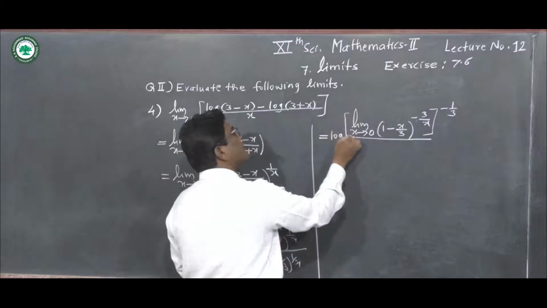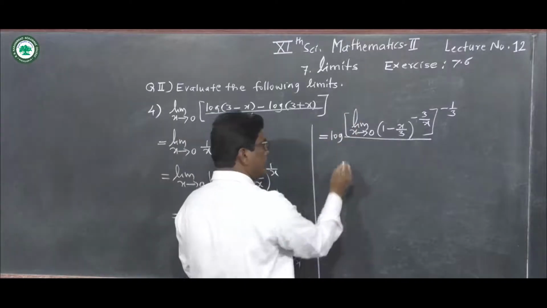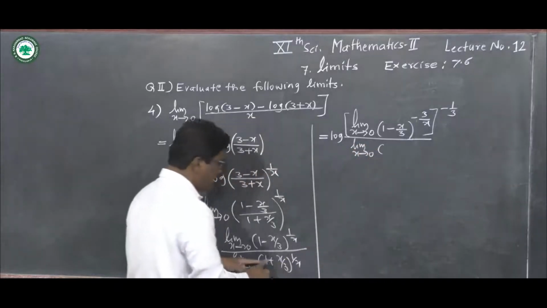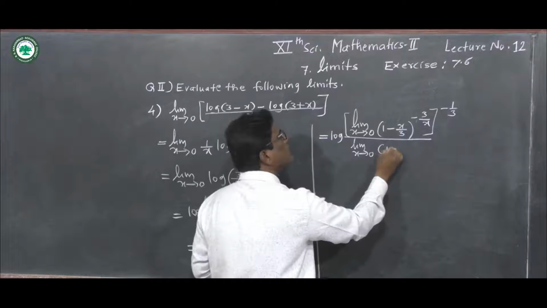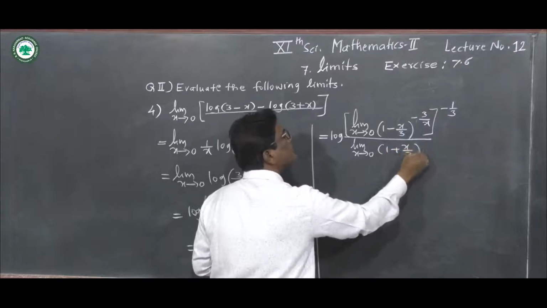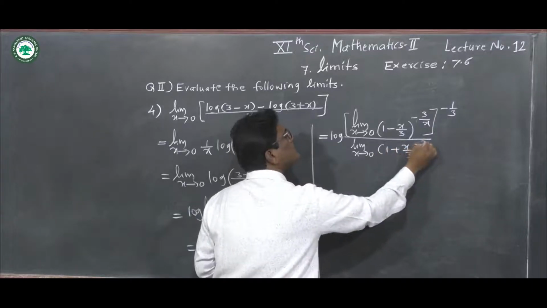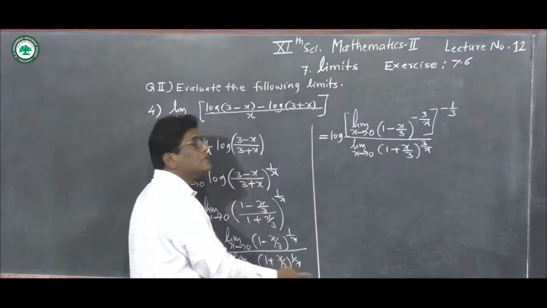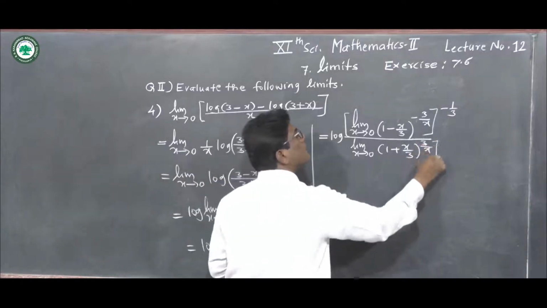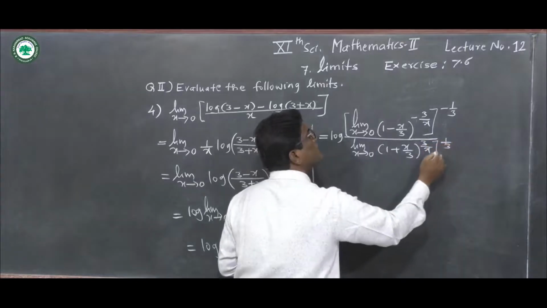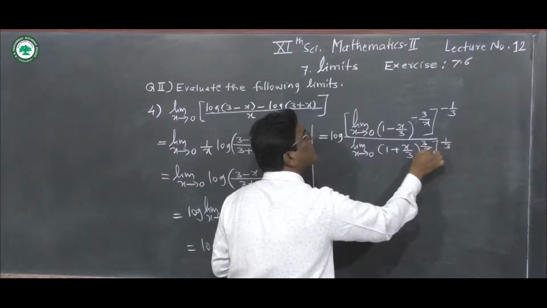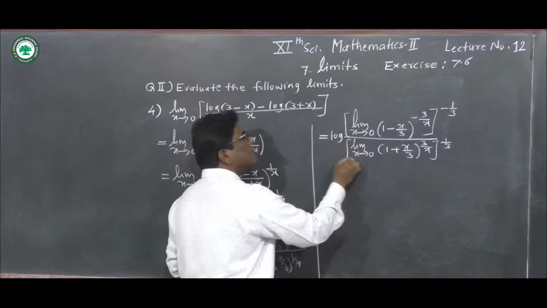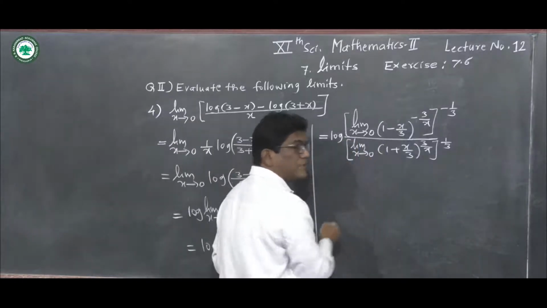And take a square bracket from this. Now in the denominator, limit as x tends to 0, 1 plus x upon 3. Directly take the reciprocal of this, that is 3 upon x. But here 1 upon x is present, so we have to adjust only 3. So write here 1 upon 3. If we take the product of these two, we get 1 upon x. So now here we have to use the standard formula.